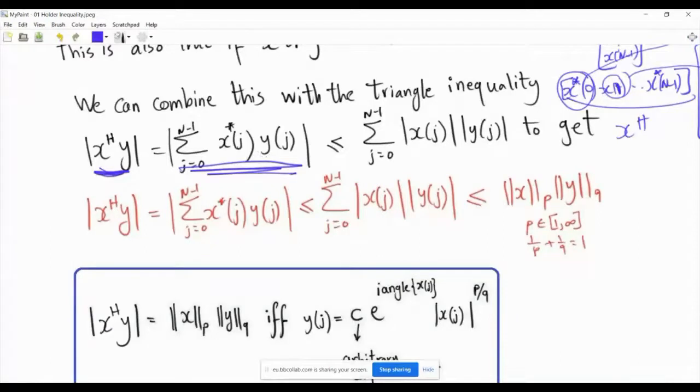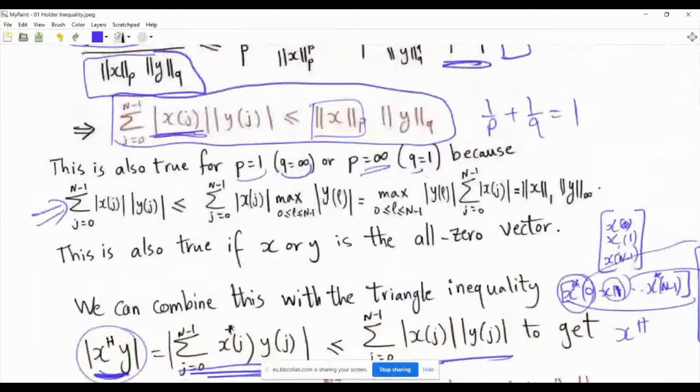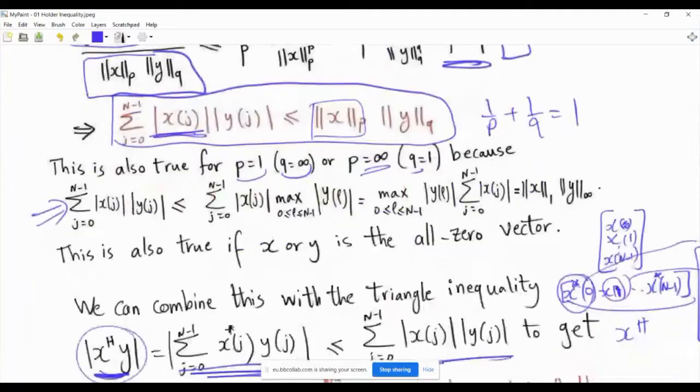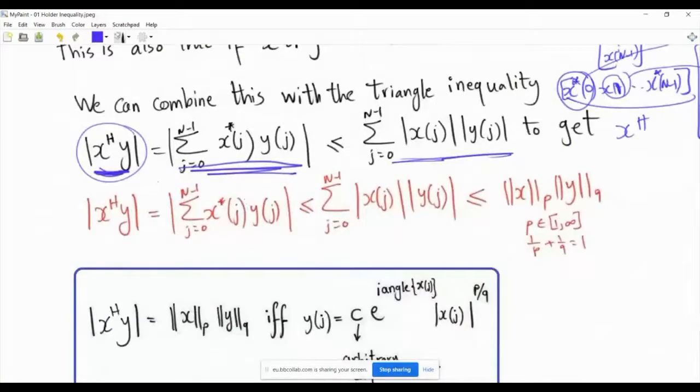And by the triangle inequality, we know that the magnitude of a sum is less than or equal to the sum of magnitudes. And so this is less than or equal to the sum of the magnitudes, which is proven to be less than or equal to the product of the LP norm of vector x and the LQ norm of vector y. So this is Holder's inequality.